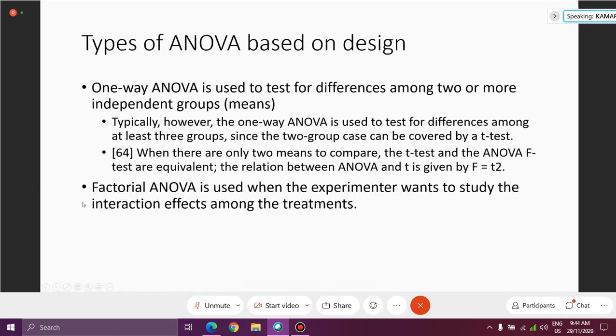Number one, you have one-way ANOVA. One-way ANOVA is very commonly done. Basically, you are comparing means between three or more groups.